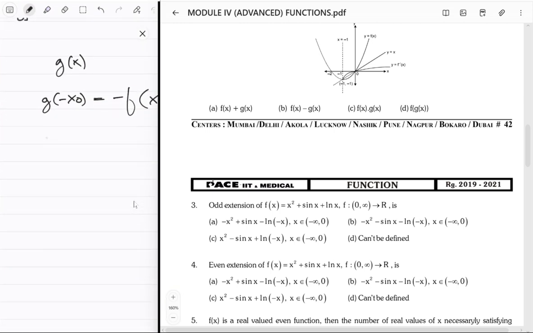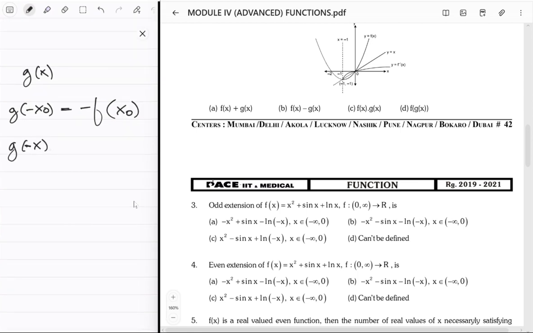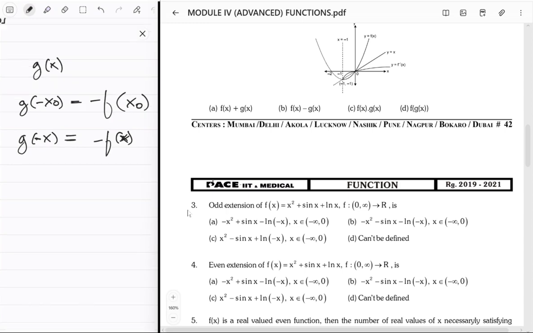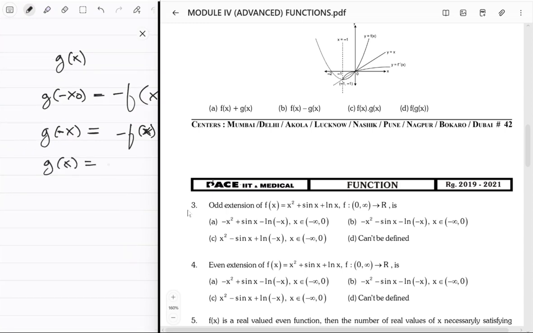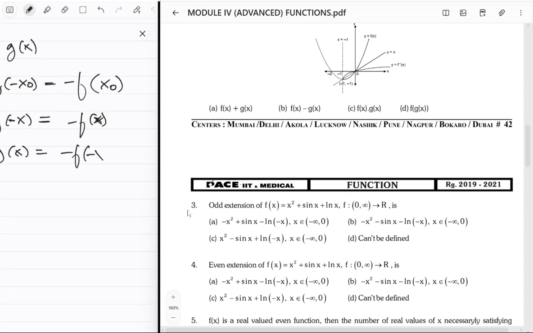So that basically means we want a function such that g of negative x, where x is a number in the domain of f, is equal to negative f of x, for all x in the domain of f. But that means g of x is equal to negative f of negative x, where x is now in the domain of g. Does that make sense?